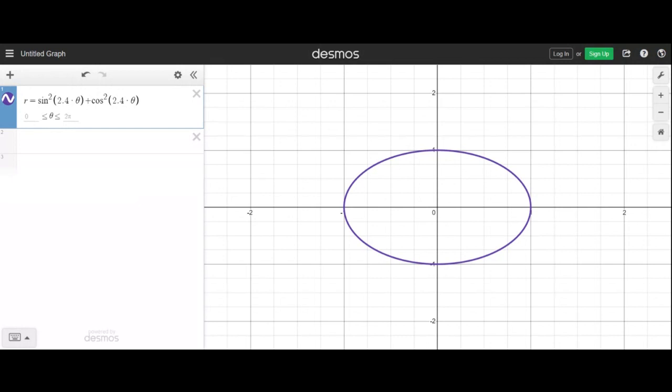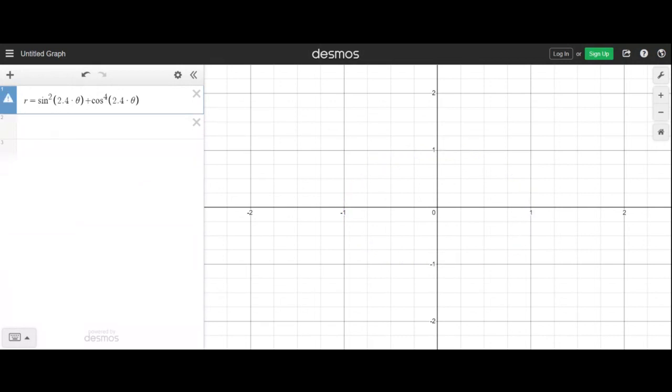Sorry. It's complaining. Why is it complaining? Oh, look at that. Only cosine squared and cosine to the negative first are supported. Otherwise use parentheses. Okay, so what I got to do, don't worry, class, I understand what they're saying.